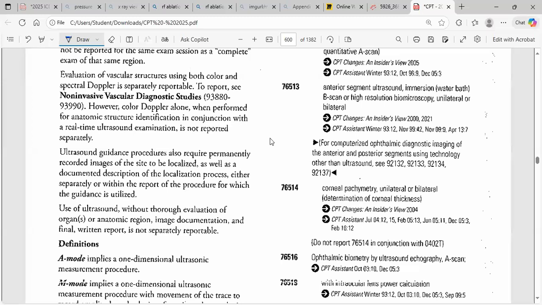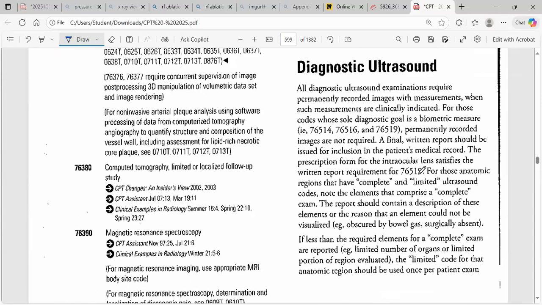So whenever doctor is doing any diagnostic ultrasound, we have to make sure that all the diagnostic ultrasounds are saved in the system, in the EHR. Then only we are going to bill a diagnostic ultrasound. So the first guideline is we have to make sure that we have the permanently recorded images with the measurement in the EHR.